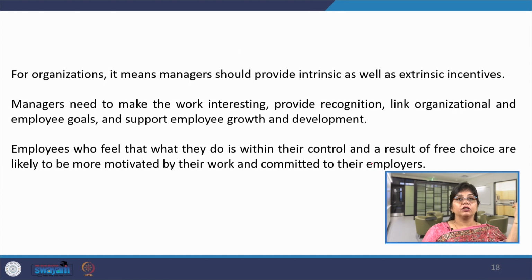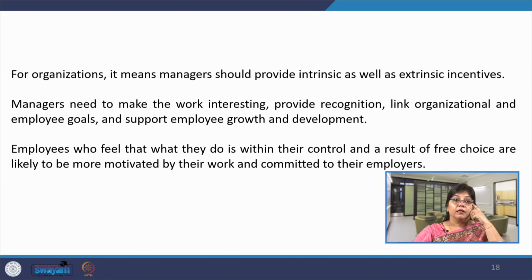For organizations it means managers should provide intrinsic as well as extrinsic incentives. Managers need to make the work interesting, definitely provide recognition, link organization and employee goals, and support employee growth and development.